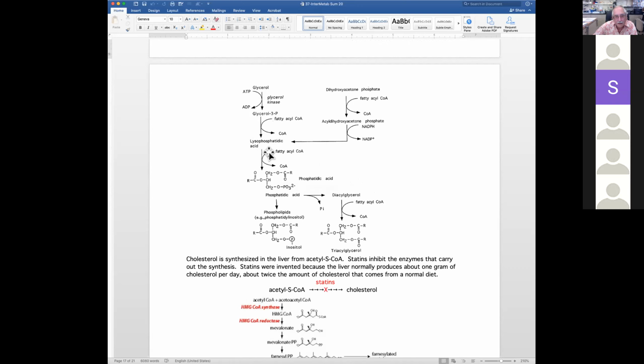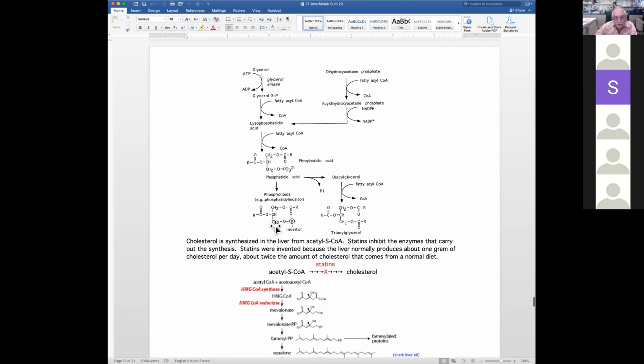And then you add another one. And then, yeah, so here's a diacylglycerol. Add another one. Now you have a triacylglycerol. And sometimes they need inositol to make those kinds of molecules. But this is an example. Skipping a lot of steps.